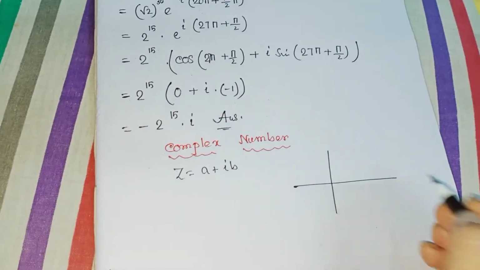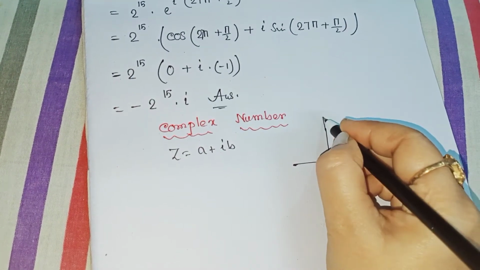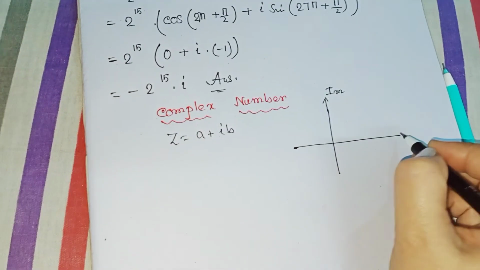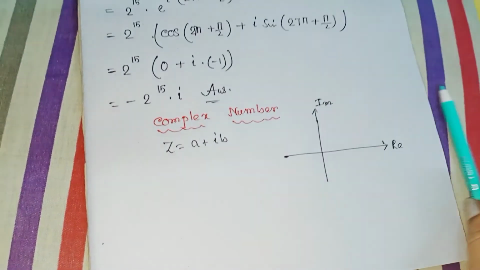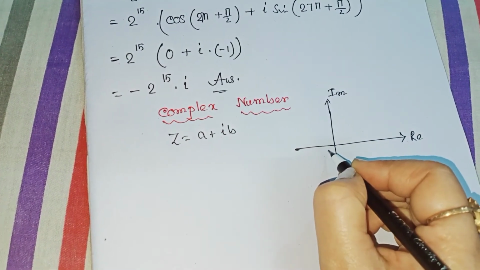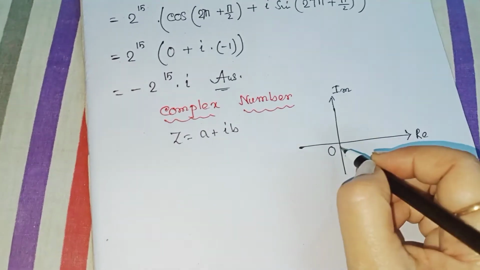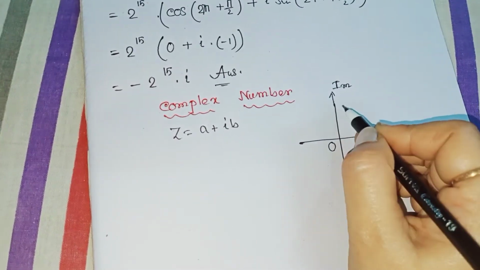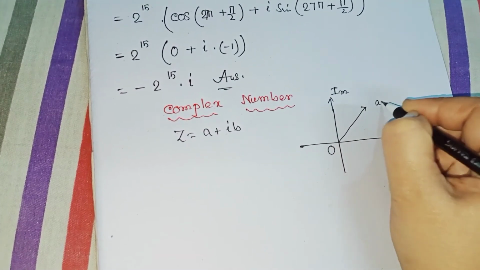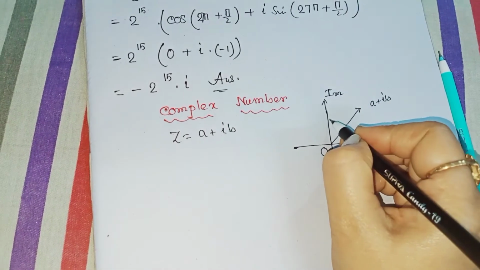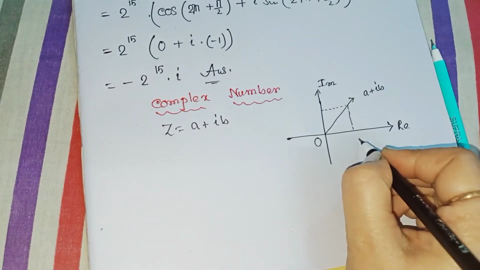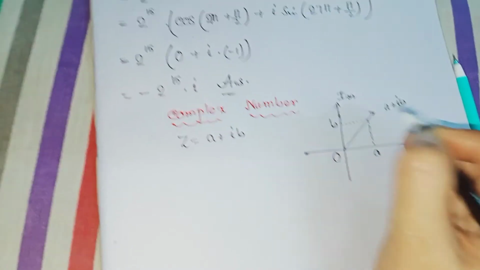Just see this. If this is the imaginary axis and this is the real axis, this one denotes the real part and this axis denotes the imaginary part, and this is O. So we may write this one as a plus ib, where this is a and this one is b.